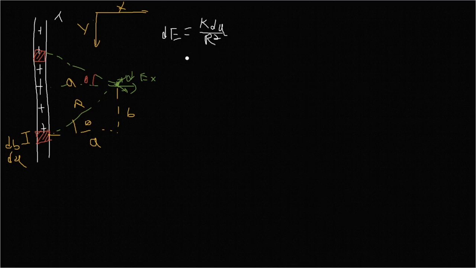We can rewrite this with k, and we also know that lambda dx is equal to dq, because lambda is defined as dq over dx.